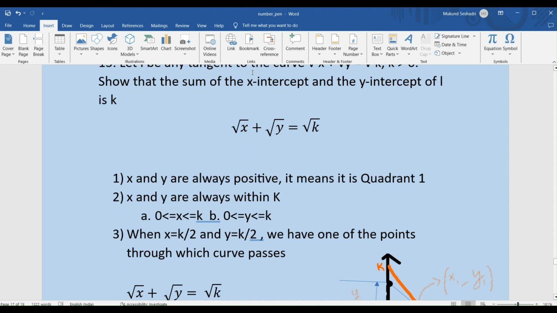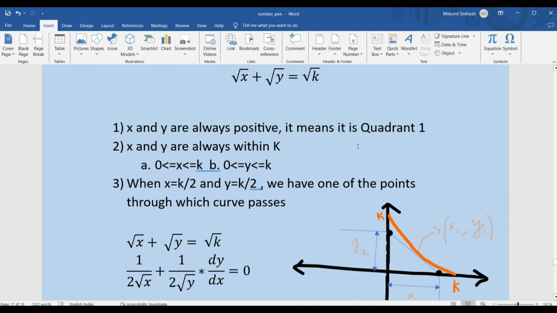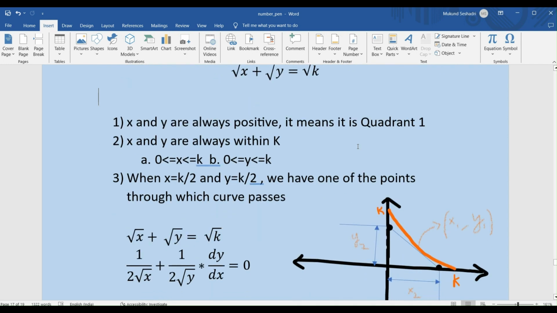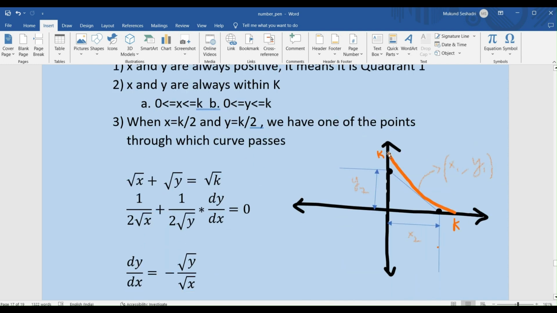And then we have a third observation, where x equals k by 2 and y equals k by 2 is one of the solutions to these equations, where the x and y coordinates are the same. So with this, we draw this particular curve. I've made a rough sketch of this curve. This orange line is the curve, and I've drawn a tangent to this curve, which is this blue line.